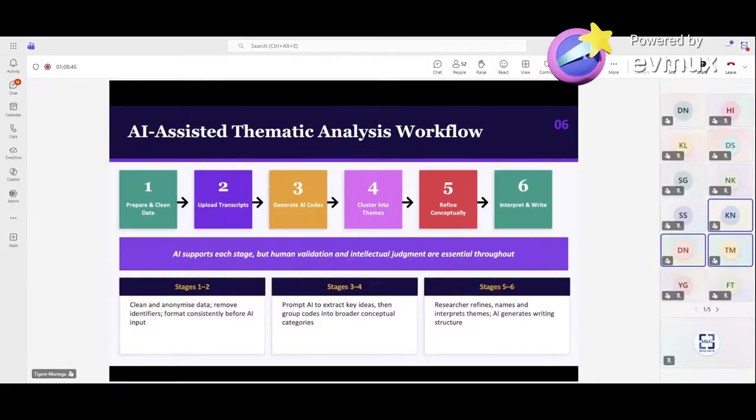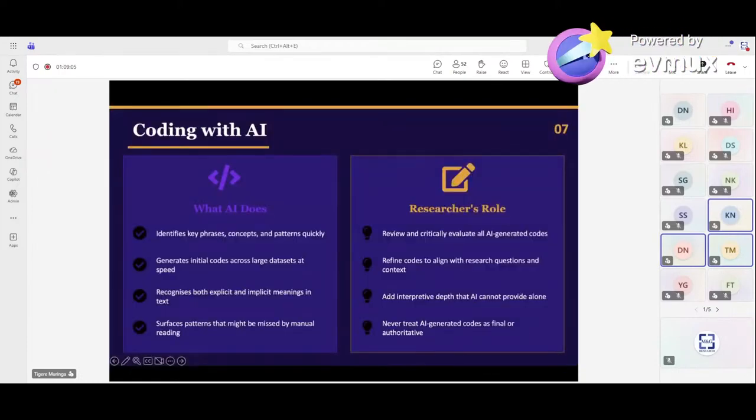Then stages 5 and 6, this is where the researcher refines, verifying whatever has come and interpreting these themes, and AI generates writing structure. So you can have AI assist you with generating these structures, right? Then coding with AI. I see there is a hand. We'll take the hands between this stage and moving on to the practical demonstration.